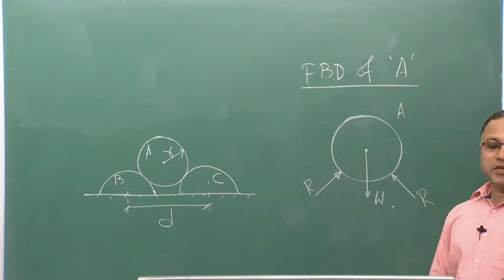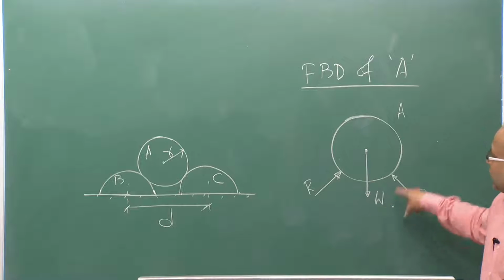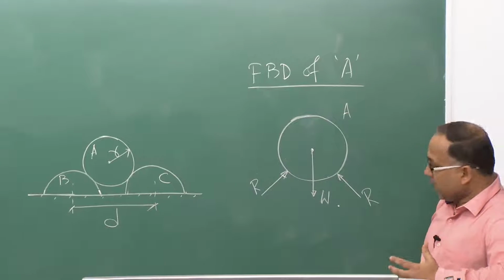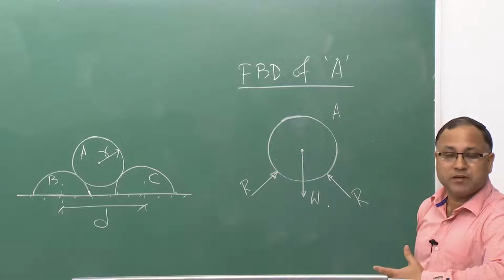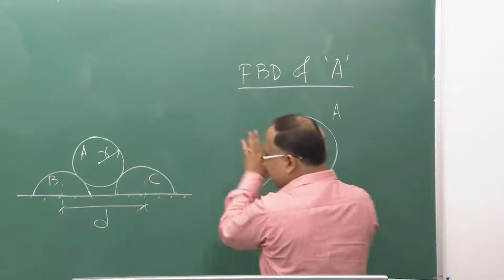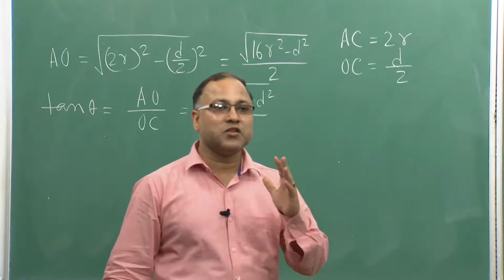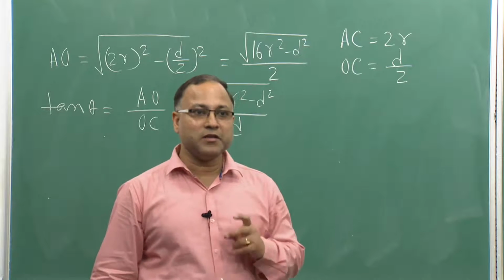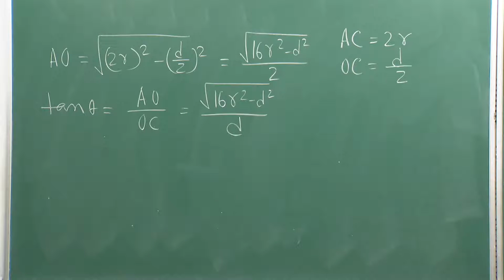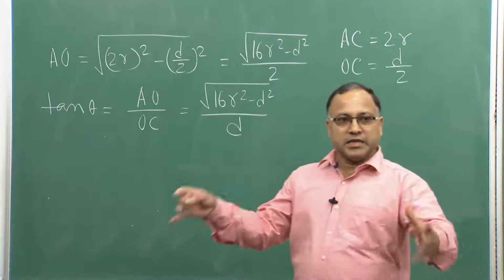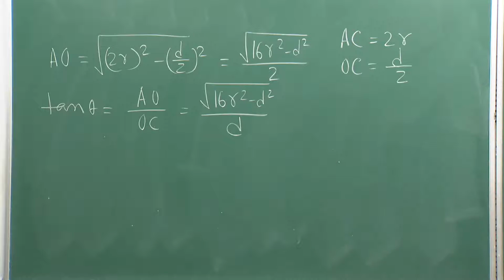Now you may ask how the direction is chosen, the line of action of R. This is a three-force member, so the reactions R must pass through the center, the common point, because W acts at the center of the cylinder, its CG.